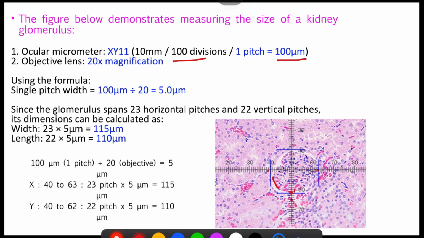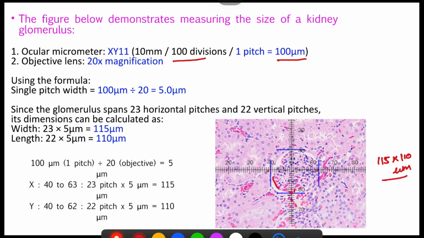So the number of pitches is 23 here and 22 here. Now our pitch width is 5 micrometers. So we multiply 23 by 5, which is 115, and here 22 by 5, which is 110 micrometers. So the measurement of the glomerulus is 115 by 110 micrometers.